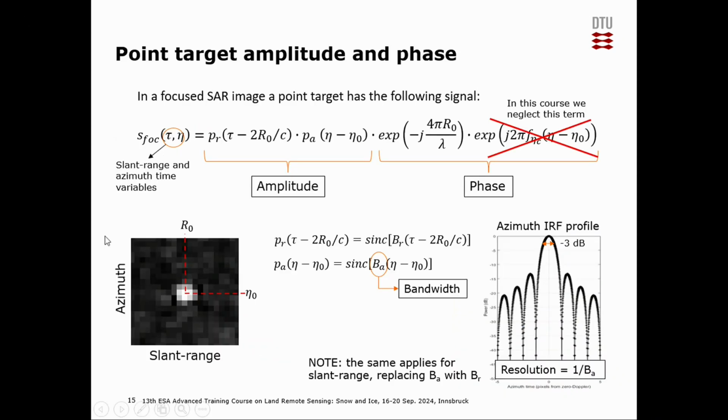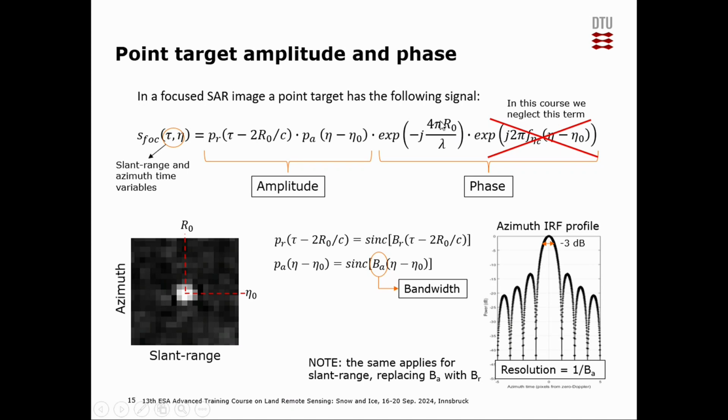So a point target, like a corner reflector, does not appear as a point in a SAR image. It brightens up several pixels, and this is reflected by the fact that its amplitude has a profile which looks mathematically a bit like a sine pi x over x function. We don't care too much about that. It's centered on the zero Doppler coordinates.